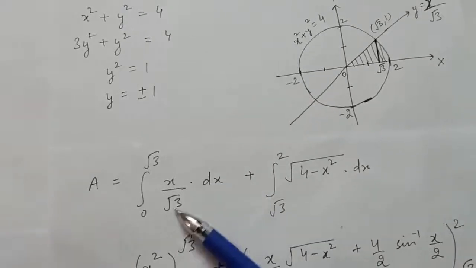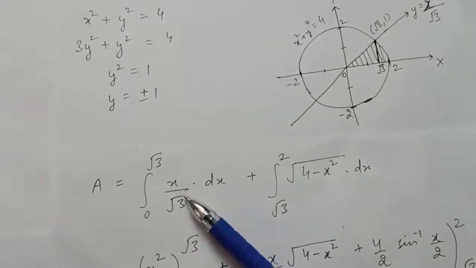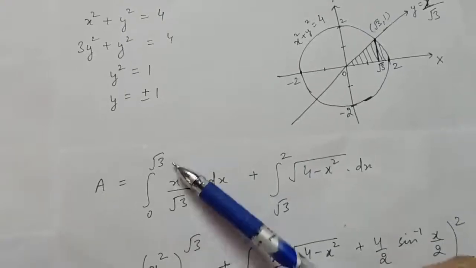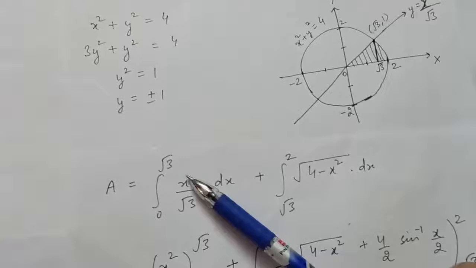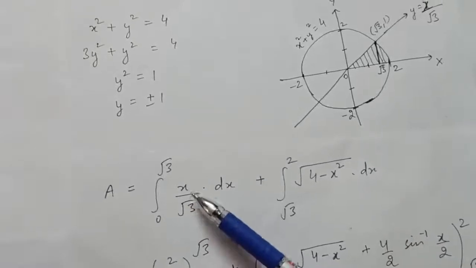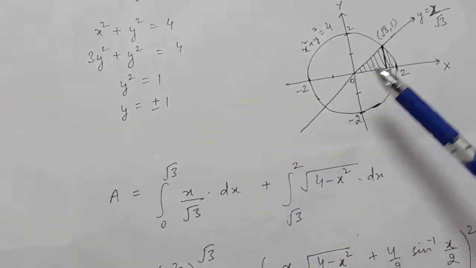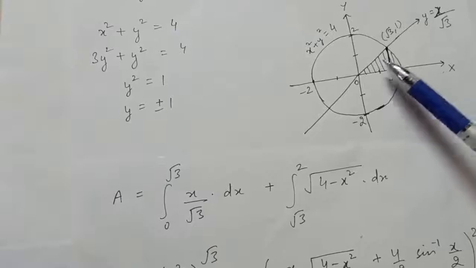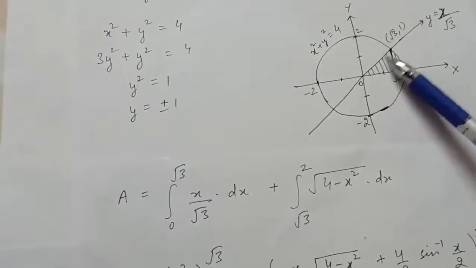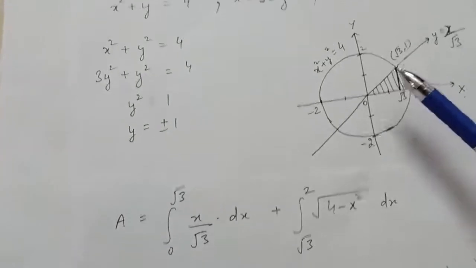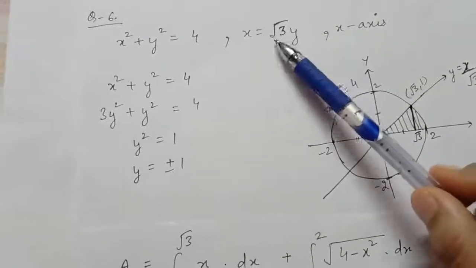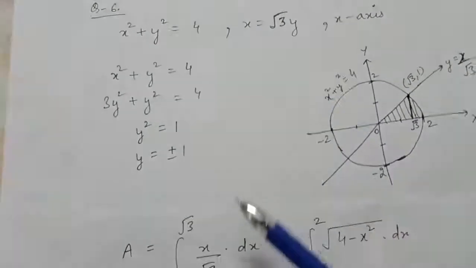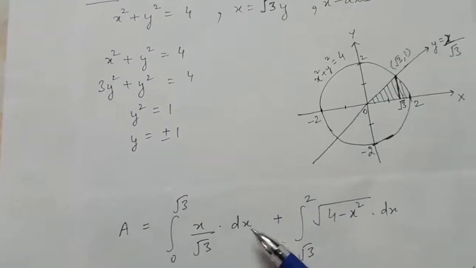We have to take the function of the line in terms of x, because we have taken the limits of x. You can see from 0 to root 3 the area lies below the line, right? So the equation of the line is x equal to root 3 y. So in terms of x, it will be x upon root 3 into dx.